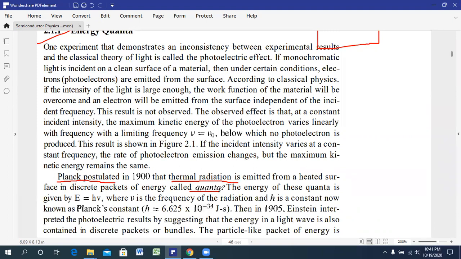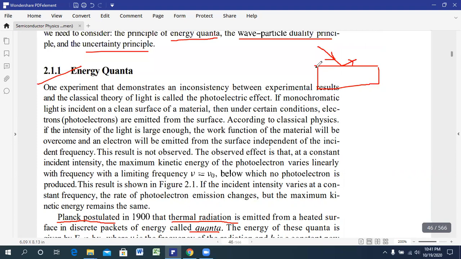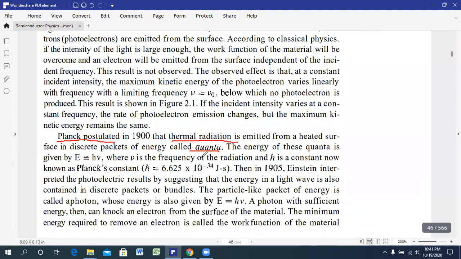Whenever monochromatic light falls, it generates some heat, so thermal radiation is emitted from the heated surface in discrete packets of energy. This energy is known as quanta.